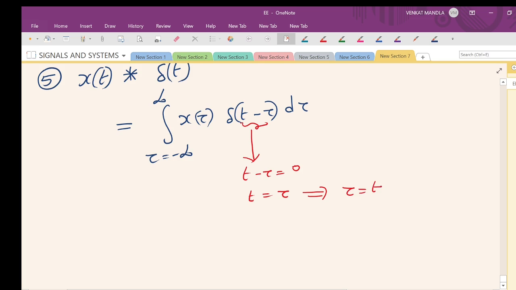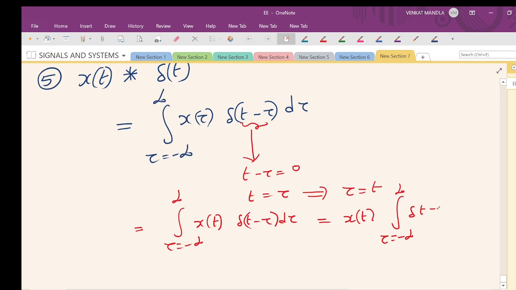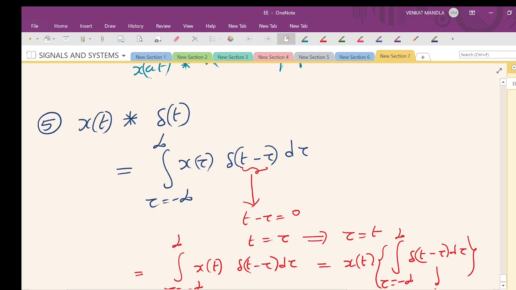In all other cases we get 0. X of t is a constant with respect to tau, so it comes out, and the integral of del of t minus tau d tau is 1. So this is x of t. So x of t convolution with del of t is x of t only.